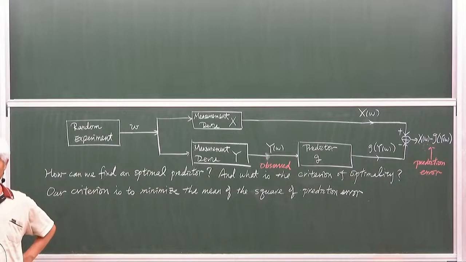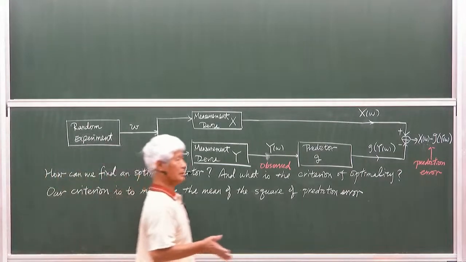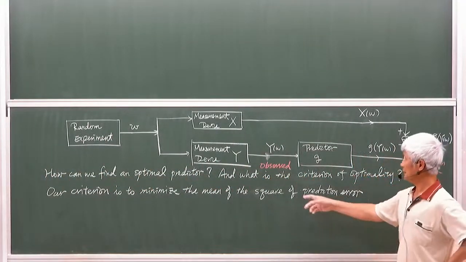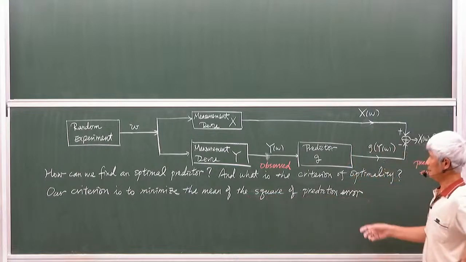So this is the best we can do. That is why we use the mean of the square of the prediction error.